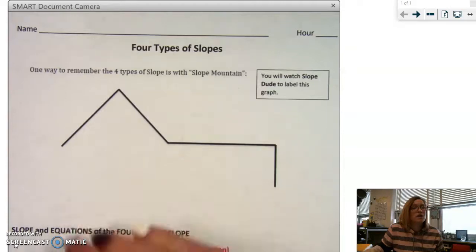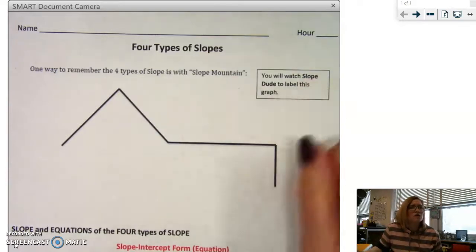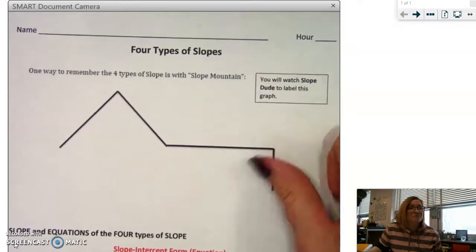I'll have it done, and it'll make more sense once you see what's going on. Slope Dude is one of my favorites. He's a very dry speaker, very monotone, but his message definitely gets in your head, just like my songs. So go ahead and take a minute, pause this, watch Slope Dude, and then come back.